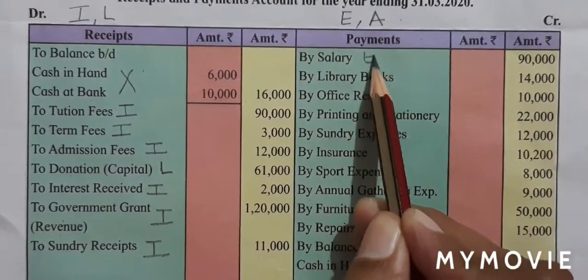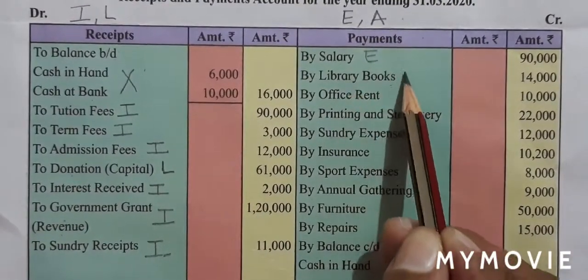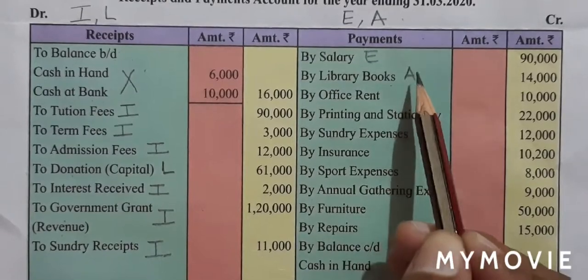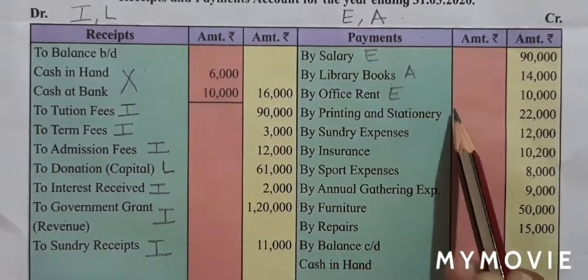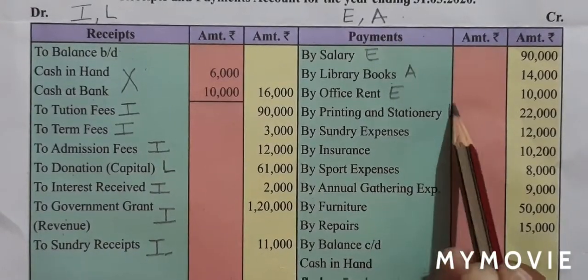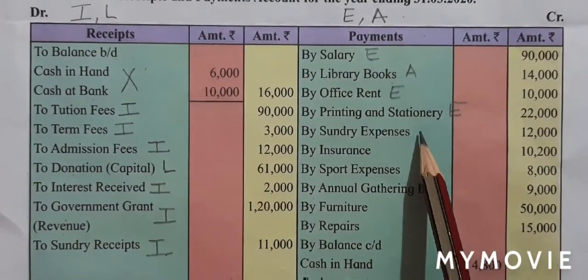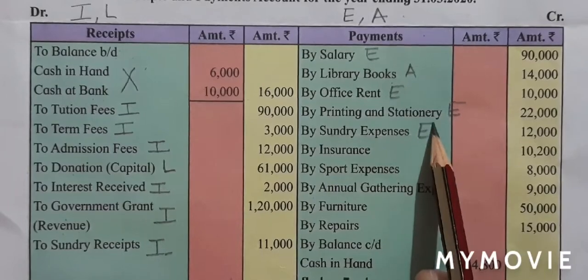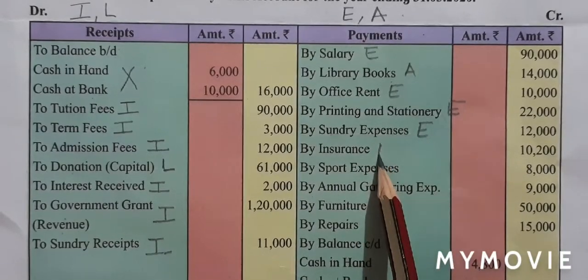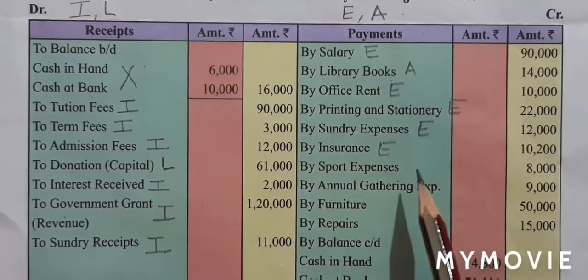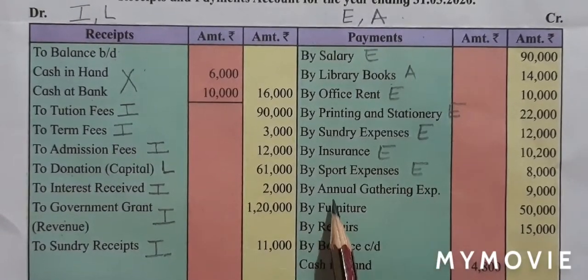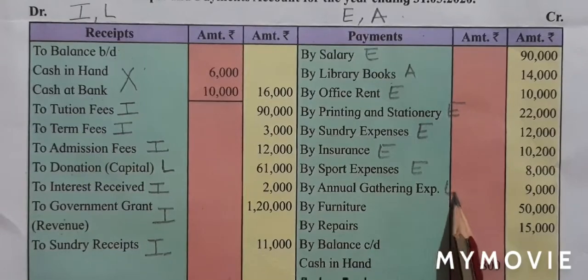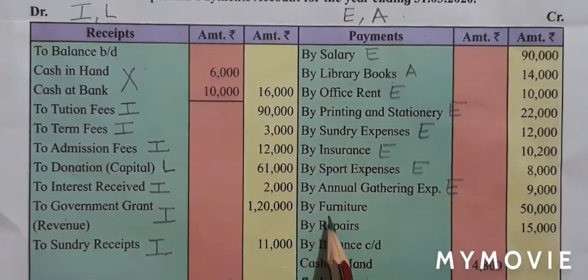Salary, expense. Library books, asset. Office rent, expense. Printing and stationery, expense. Sundry expense, expense. Insurance, expense. Sports expenses, expense. Annual gathering expense, expense.